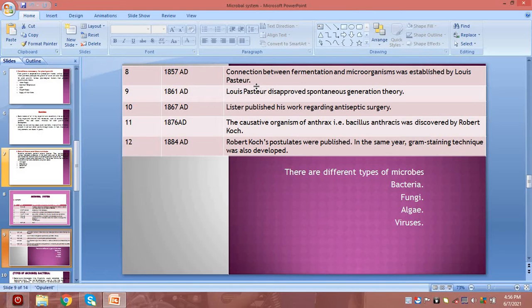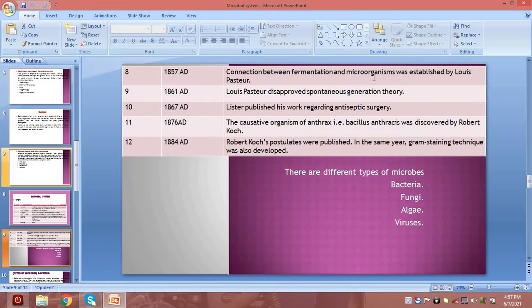Fermentation we use in different industries for the preparation of food by the use of microorganisms like bacteria and yeast.